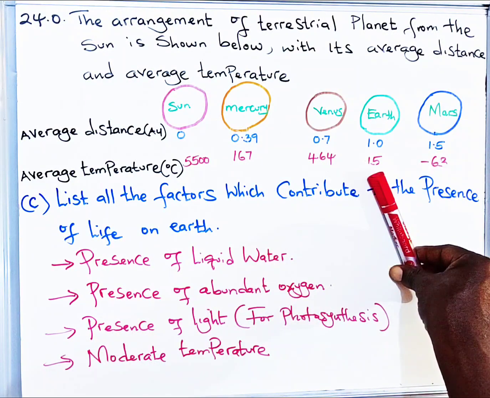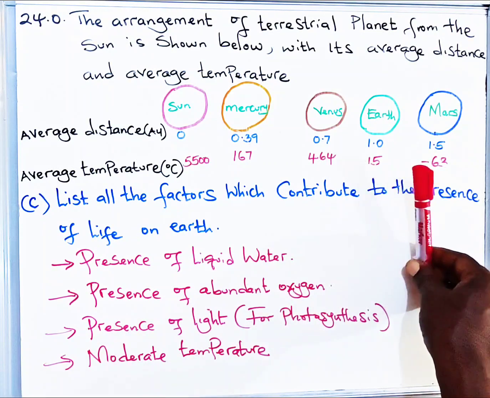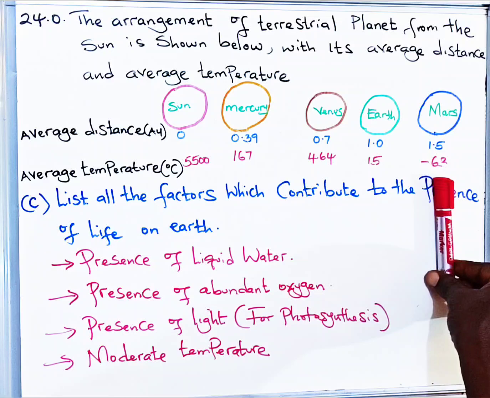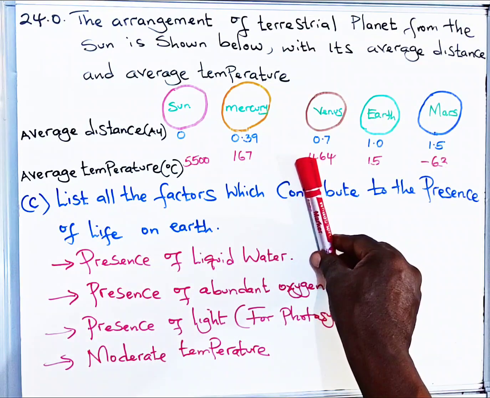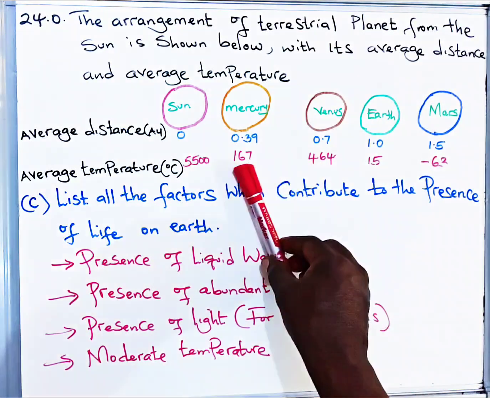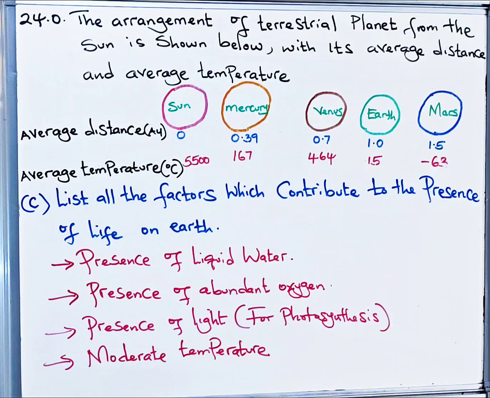This is suitable for survival of organisms, compared to the freezing temperature on Mars and the extreme heat on these two planets. So the temperature is just suitable for the survival of organisms.